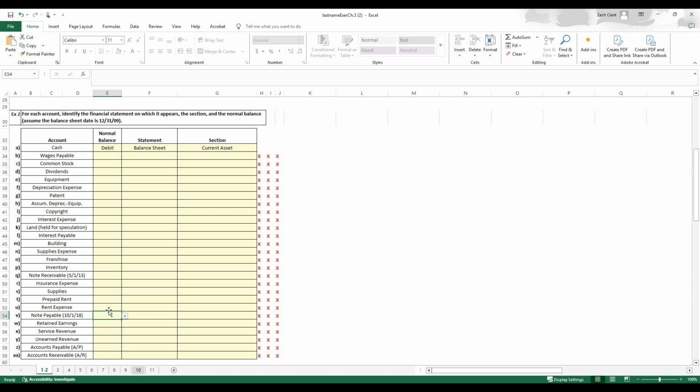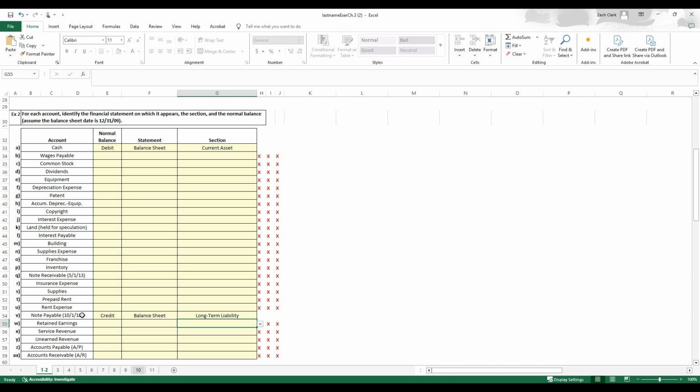But since this is so far out beyond the end of the following 12 months, it's going to be a long-term liability, or non-current essentially. On a balance sheet, you can have a portion of the note payable.